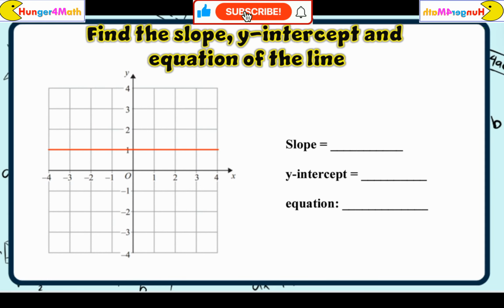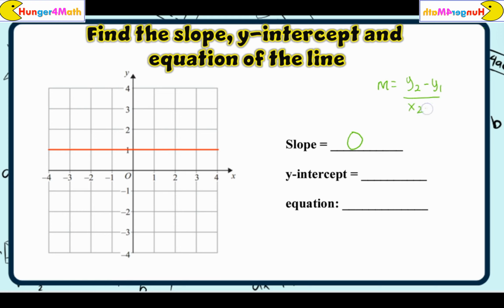Here, we're going to find the slope, y-intercept, and the equation of the line. Now, the line here is parallel to the x-axis. If the line is parallel to the x-axis, the slope will always be equal to 0. Because if we're going to calculate for the slope, like y sub 2 minus y sub 1 over x sub 2 minus x sub 1, here the value of y is 1.